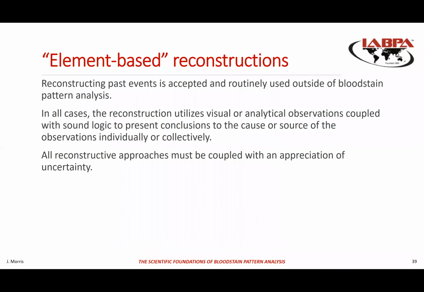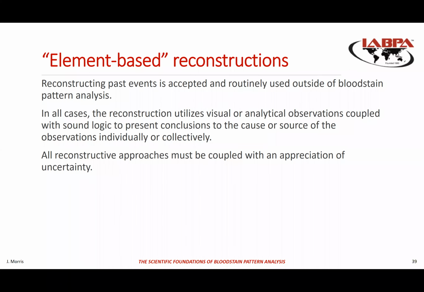So what we see when looking at geology and archaeology and failure analysis is that reconstructing past events is absolutely accepted in numerous fields outside of BPA. And in every case, the reconstruction uses visual or analytical observations along with sound logic to determine the cause or the source of those observations.